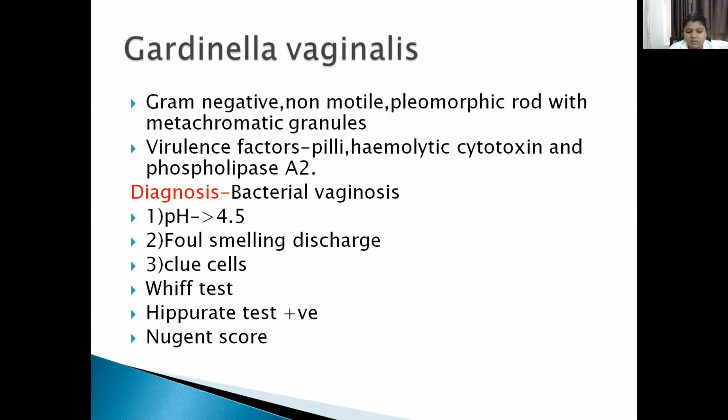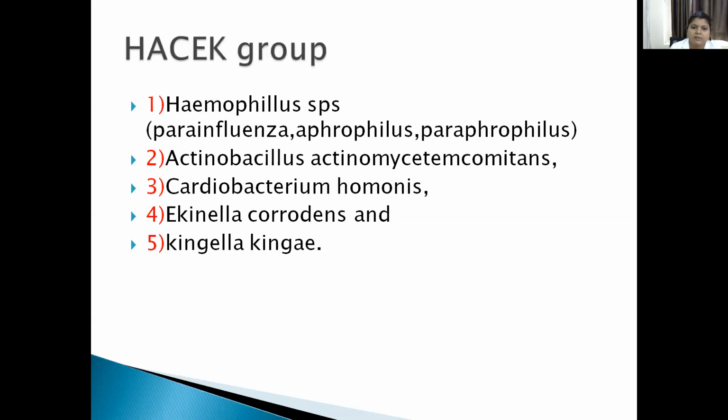The Nugent score is made by using the gram stain of the high vaginal swab. This is about Gardnerella vaginalis.